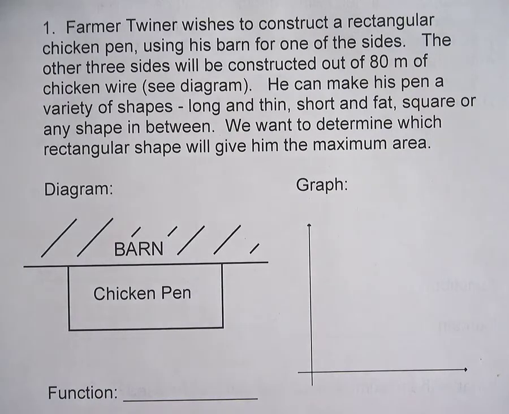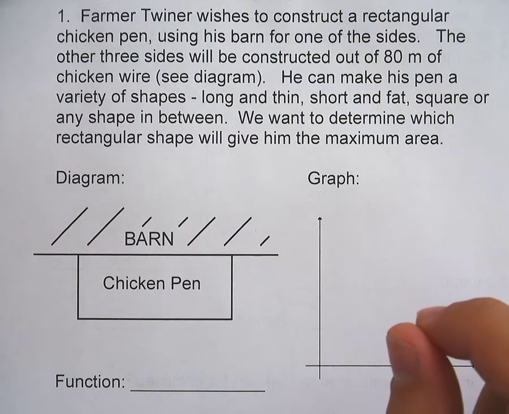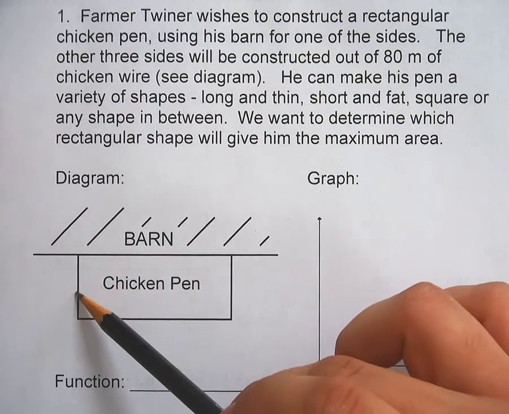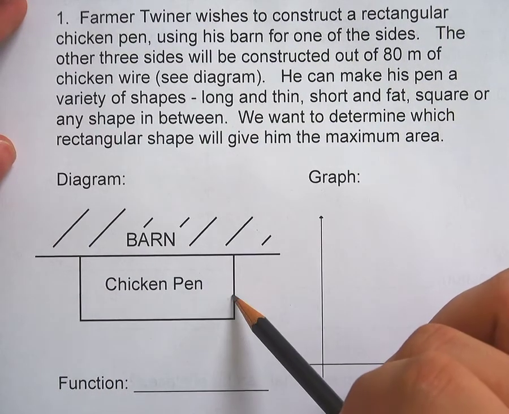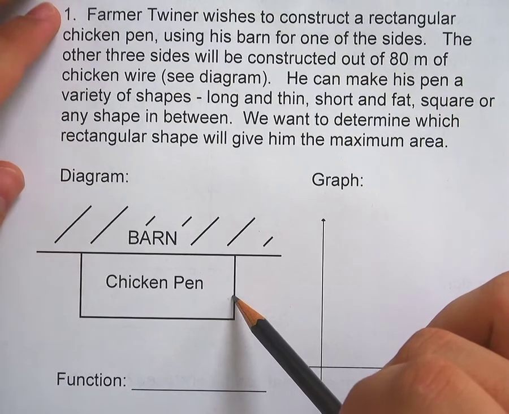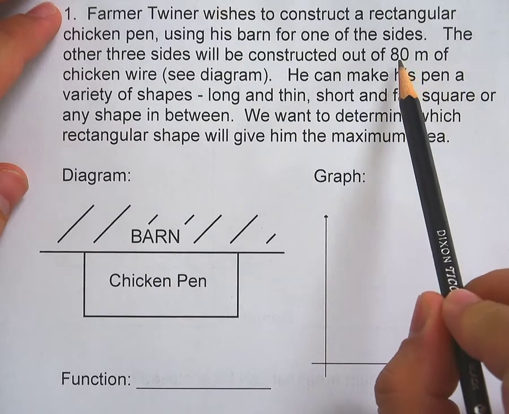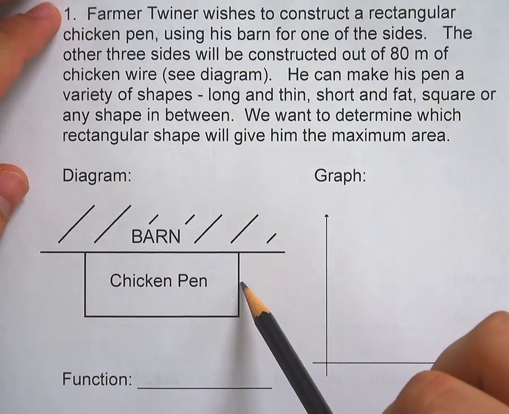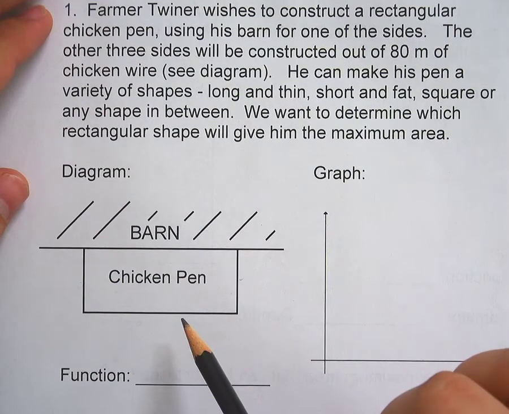I want you to pick one side and give it a variable, because obviously we don't know how big this one is, and we don't know how big this one is, but we know they're the same size because it's got to be a rectangle. There's going to be no fence over here, so if I take my 80 meters of chicken wire and subtract what I use for these 2 sides, that'll give me what's left over for this one.